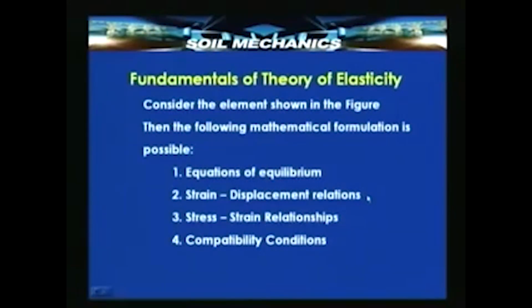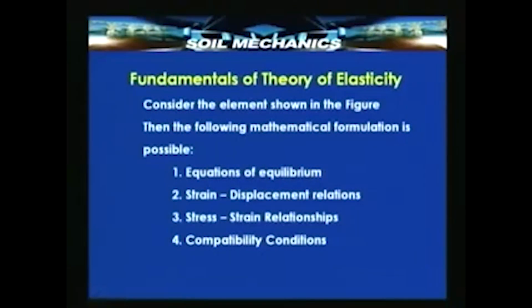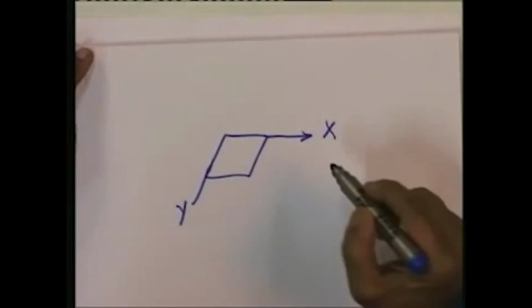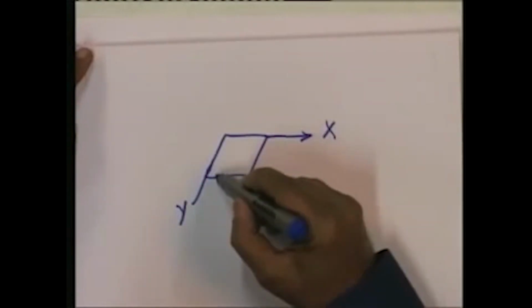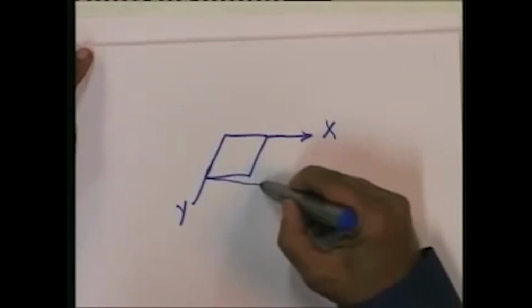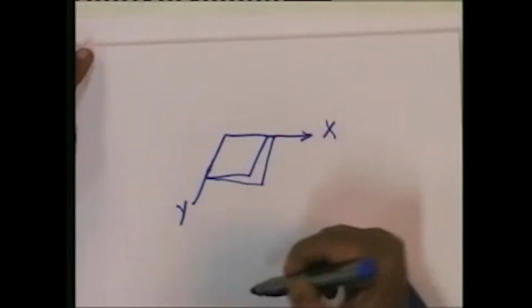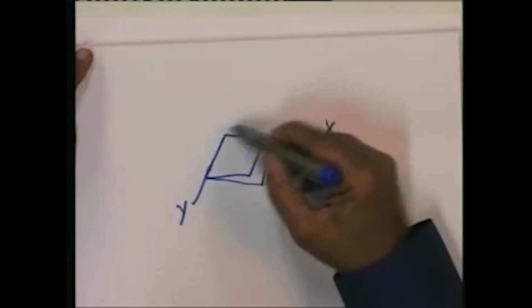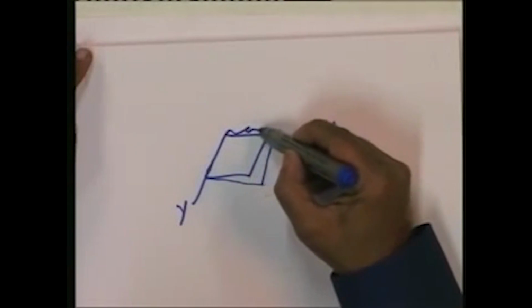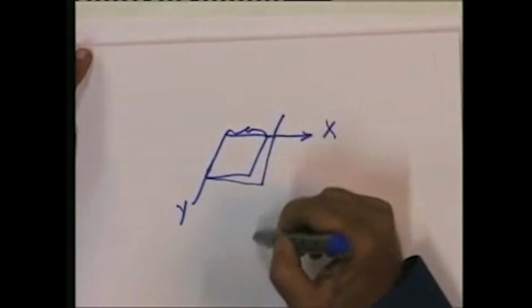Now, the second set of equations correspond to strain displacement relationship. Now, if I again consider any one face of this parallelepiped, let us say this is x, this is y. When a stress is acting on this, this is going to get distorted somewhat like this due to the presence of the stresses which are acting on this, which means that any typical side gets extended.